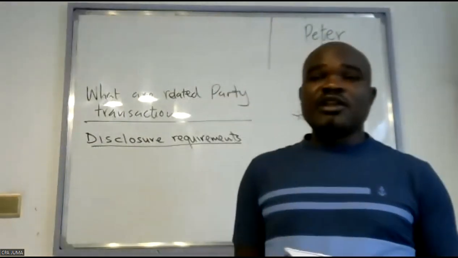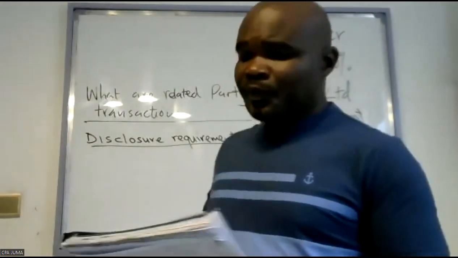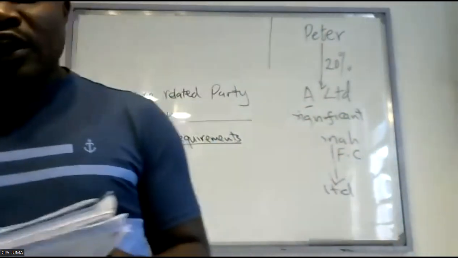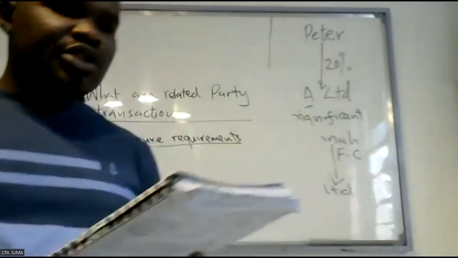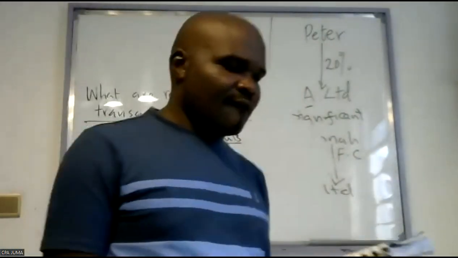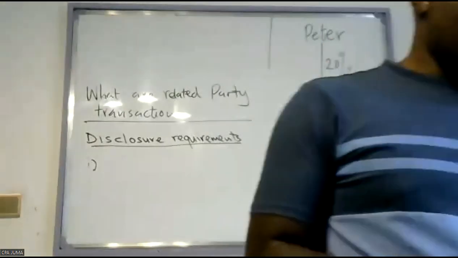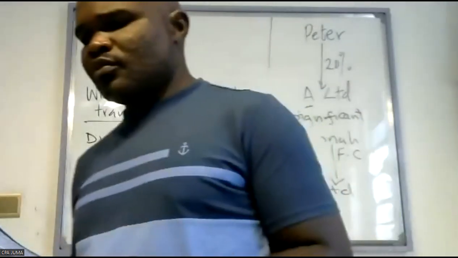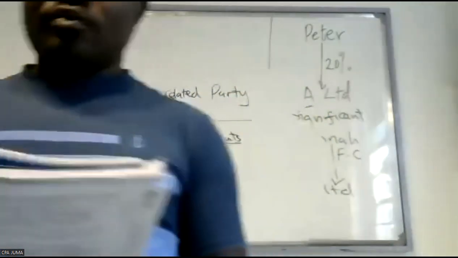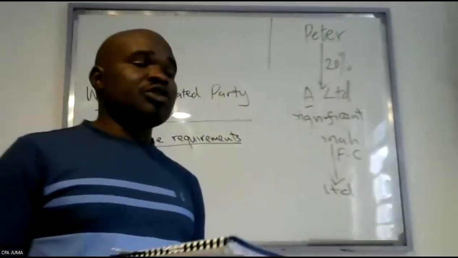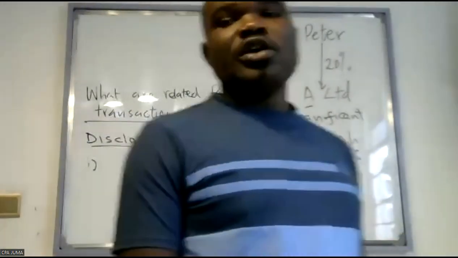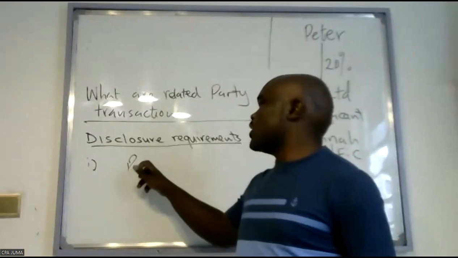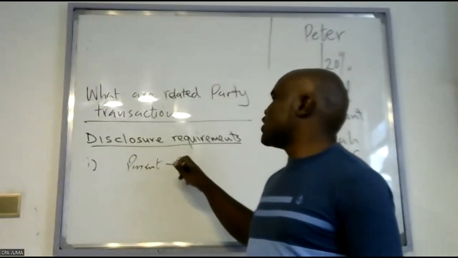So on disclosure requirements, the examiner is likely to ask you: Roman 1, what you need to disclose to us, the relationship between the entities, for example, parent, subsidiary.